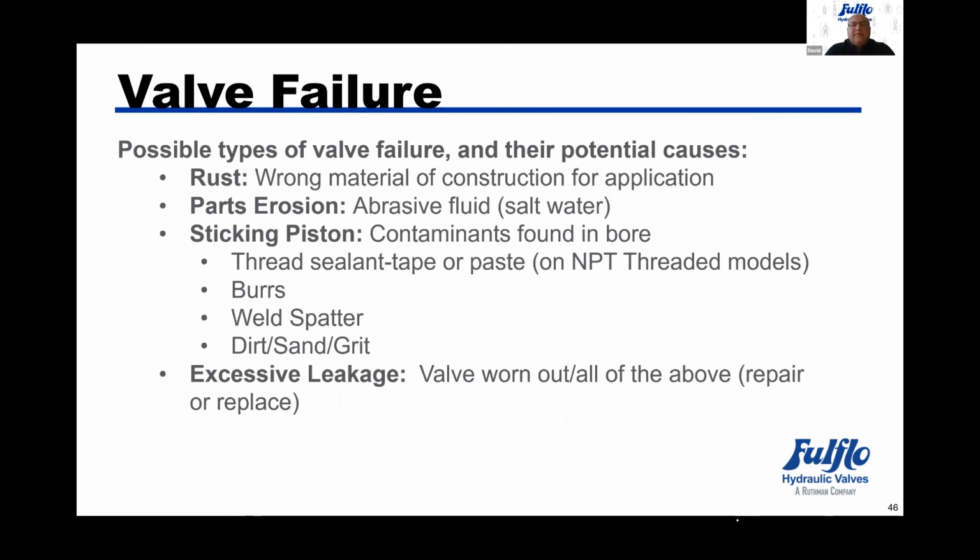Basically, it would be just like putting water in your car engine. So we don't want to choose the wrong materials. We want to ensure that the application is well filtered. We have a lot of erosion on the parts with abrasive fluids, such as water and salt water. We would use the correct materials to get the proper valve to keep it from failure.